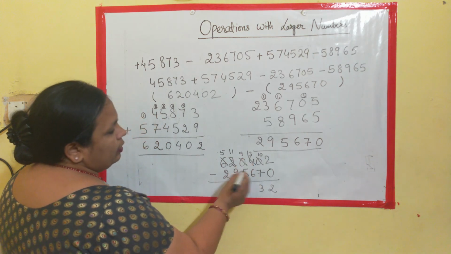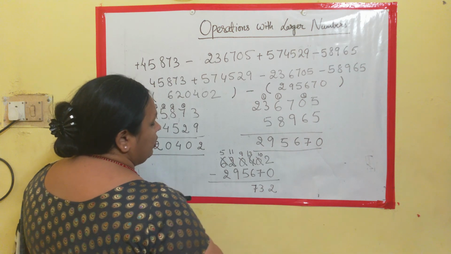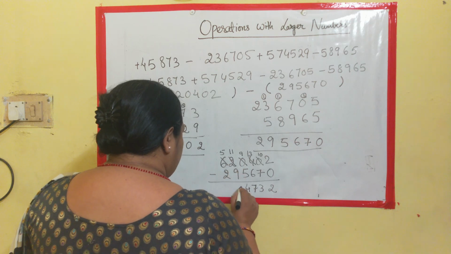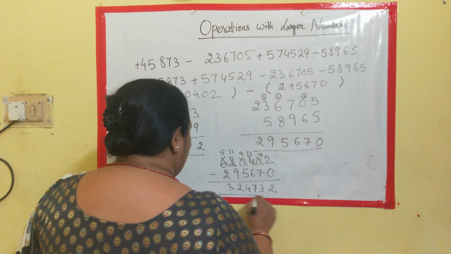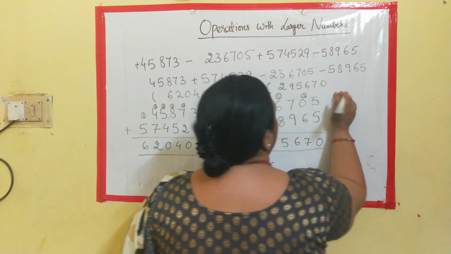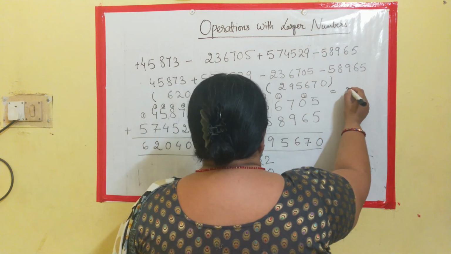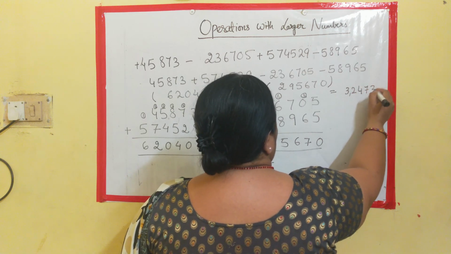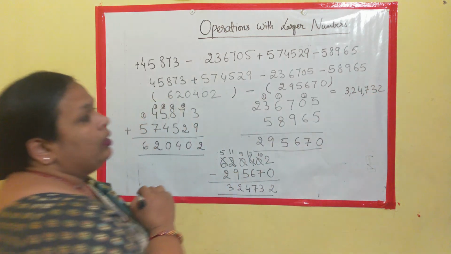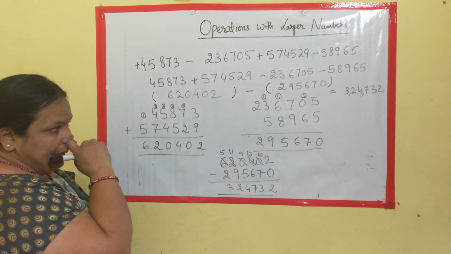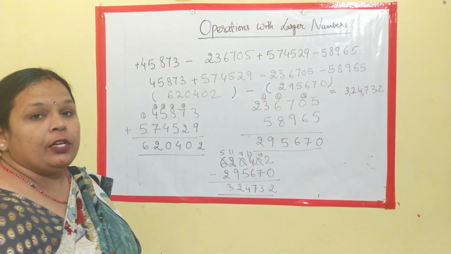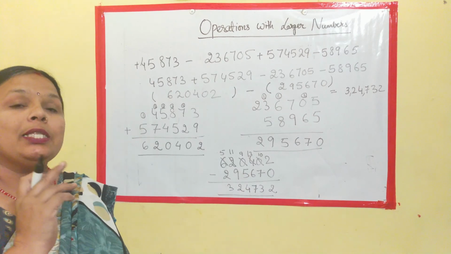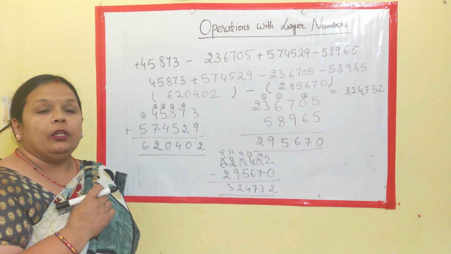Here you will get 13 minus 6 is 7. Then 9 minus 5 is 4. 11 minus 9 is 2. 5 minus 2 is 3. So the final answer which we are going to get is 3,24,732.